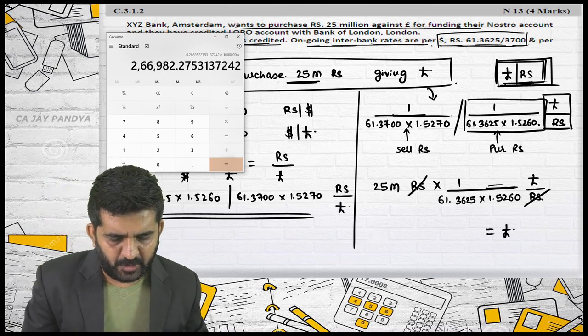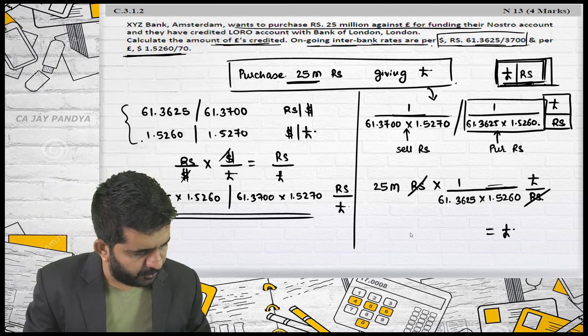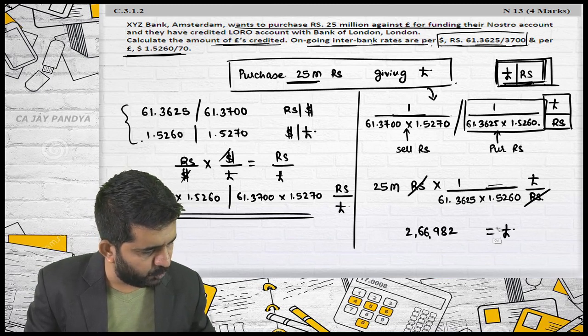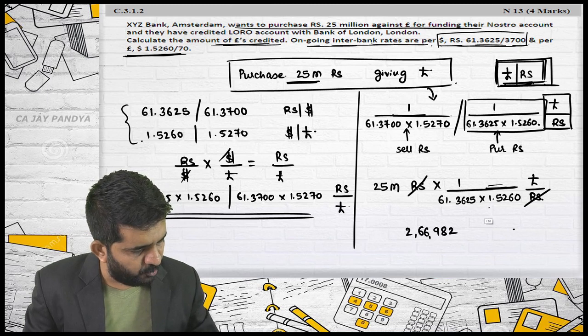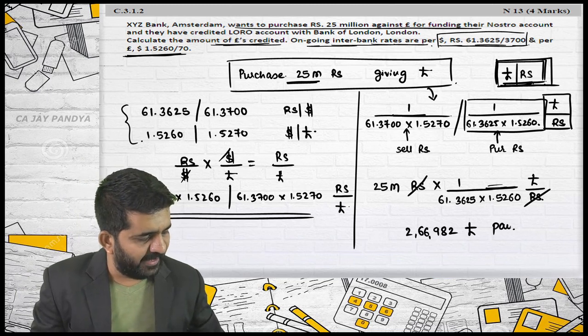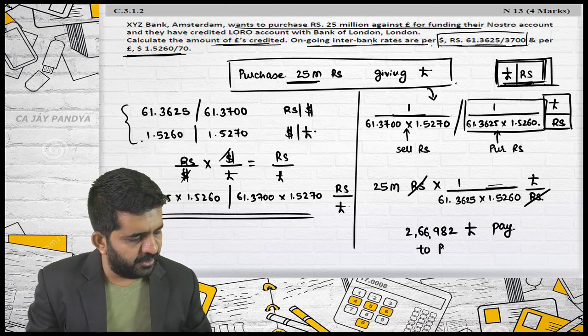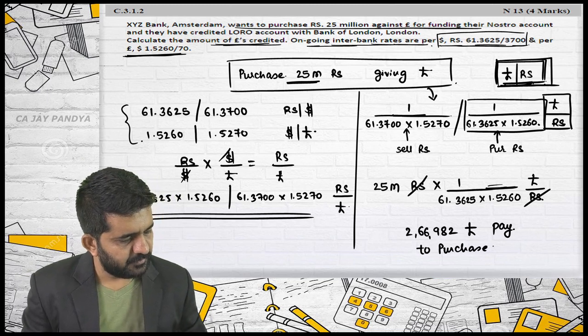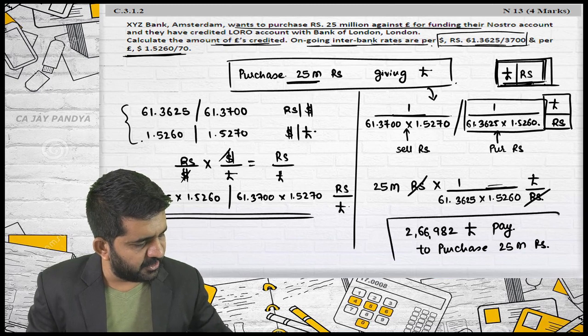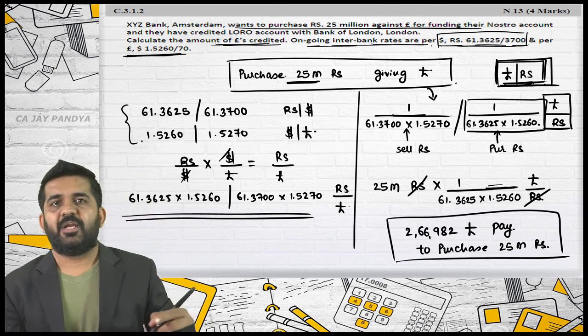It is 2,66,982 pounds. If you cancel this, you will get the answer in pounds. You will have to pay this to purchase 25 million rupees, and you are doing this transaction because you are in Amsterdam.